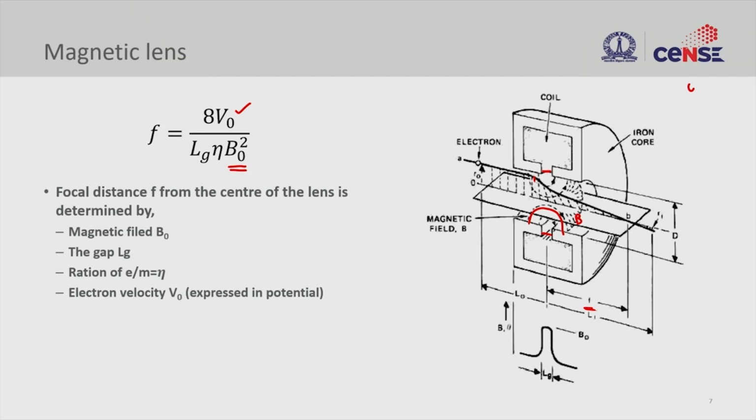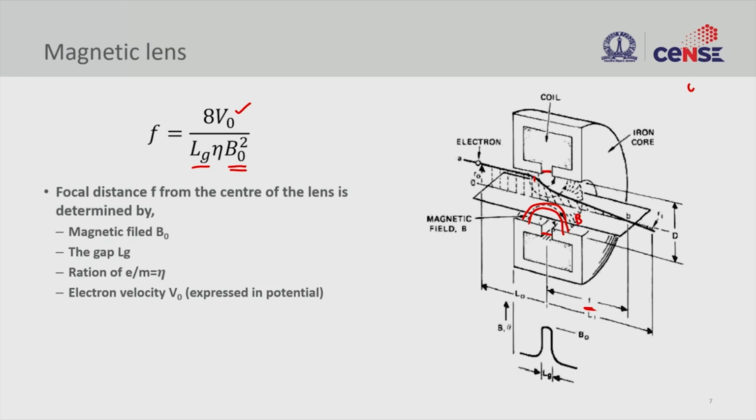That also depends on the size of the lens. This gap is the one that creates the field, and basically determines the lens or the interaction length. And of course, your field to particle mass ratio is also very important. That is again a factor here, which remains constant to a large extent.